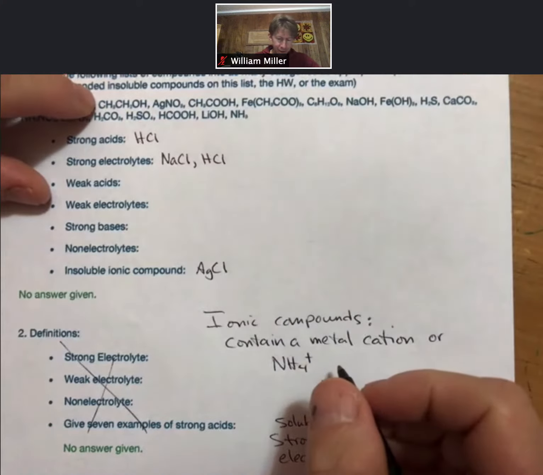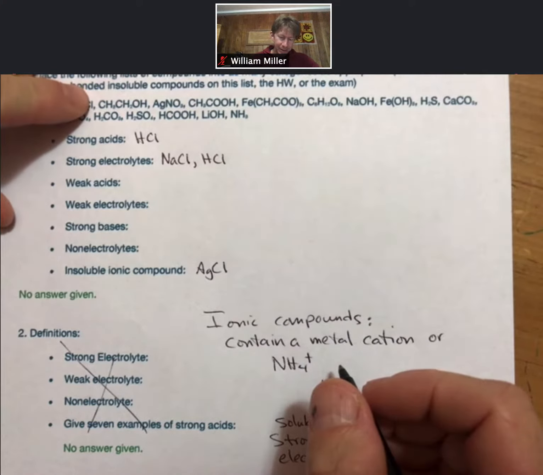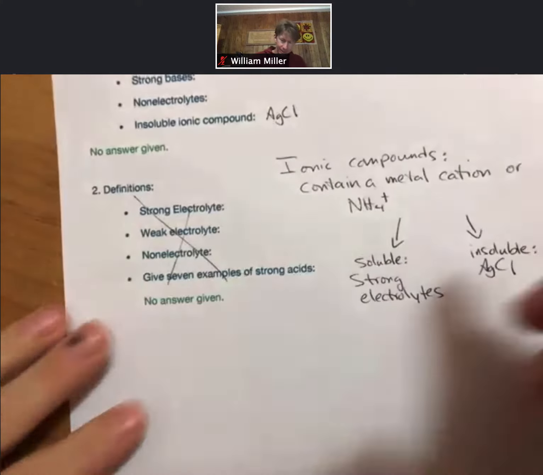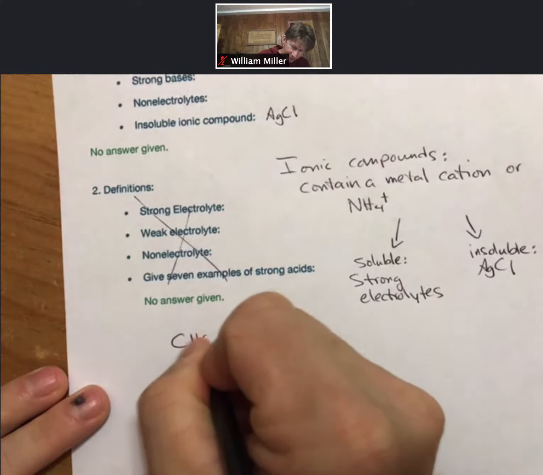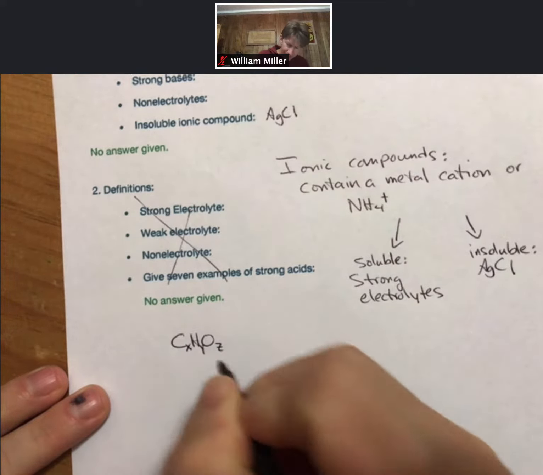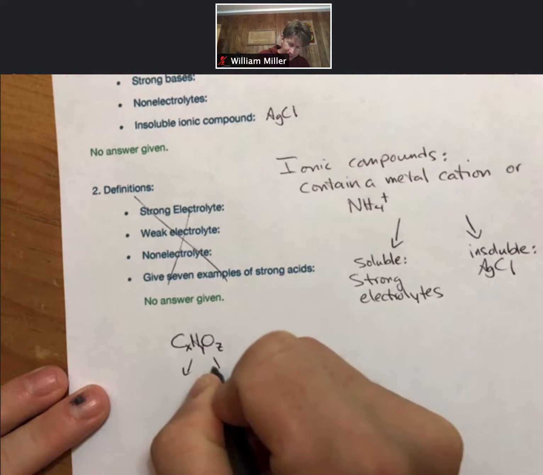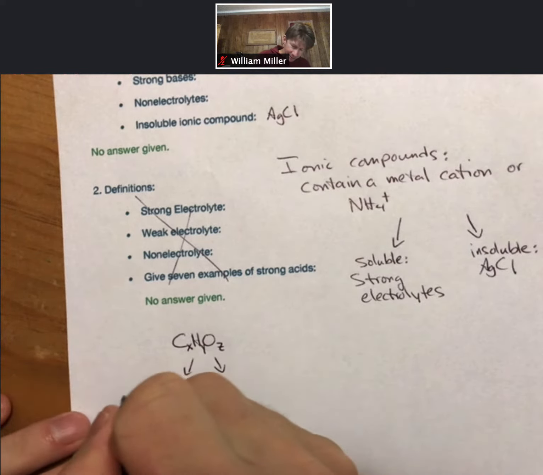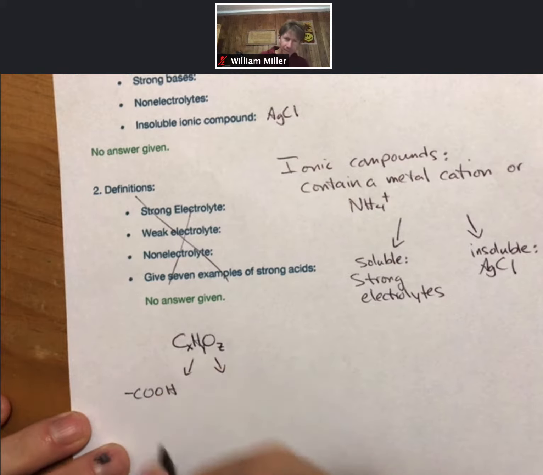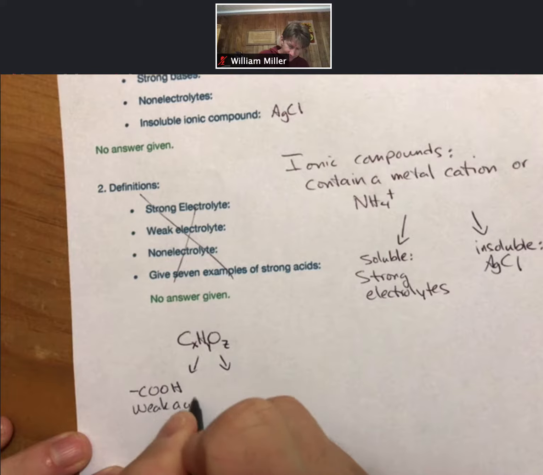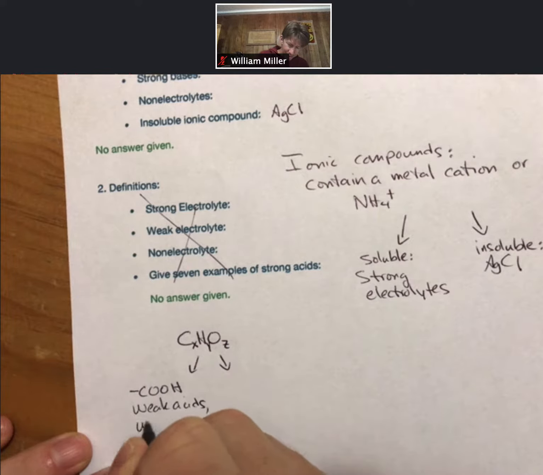Now we have a carbon, hydrogen, oxygen compound. Those break up into 2 categories. They can have the COOH group and therefore be weak acids and weak electrolytes.